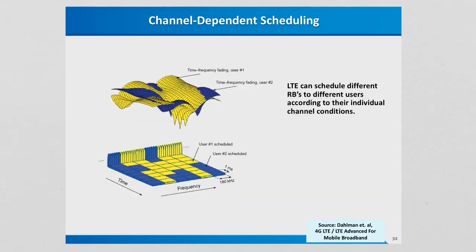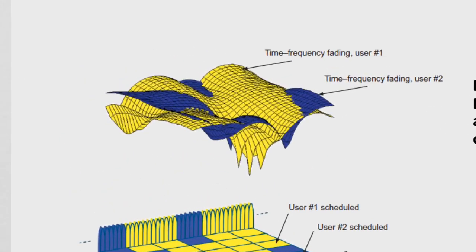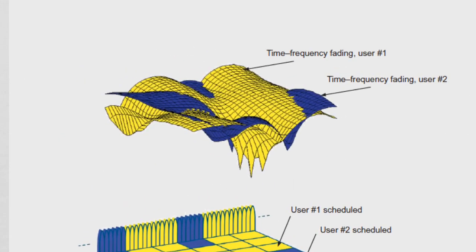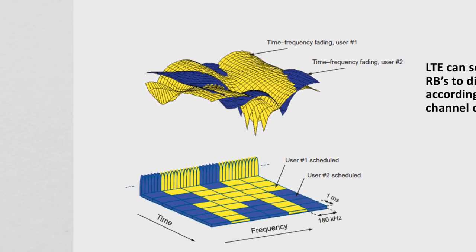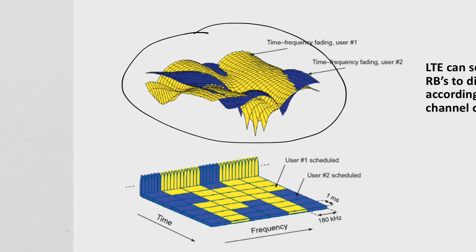Using OFDM allows LTE to do what's called channel-dependent scheduling. This is all based on the idea that at a given time, different frequencies are better for some users than for other users. In this diagram at the top, we're looking at the channel conditions for two different users. User 1 is shown in gold, and user 2 is shown in blue, with time going along one direction and frequency along the other.